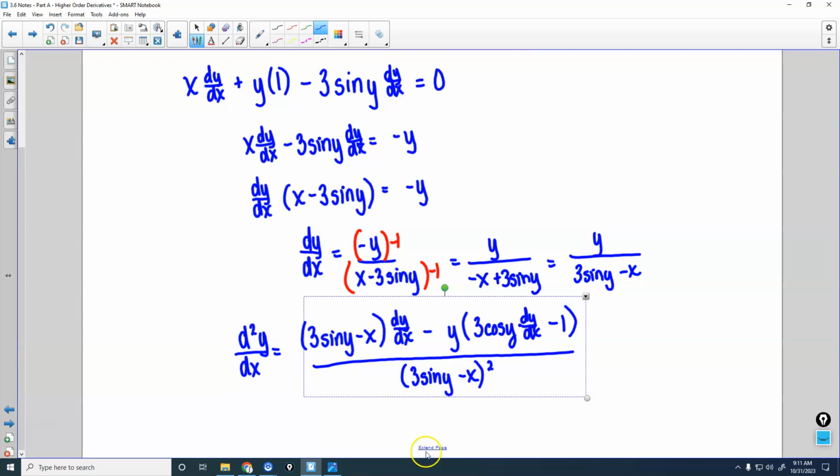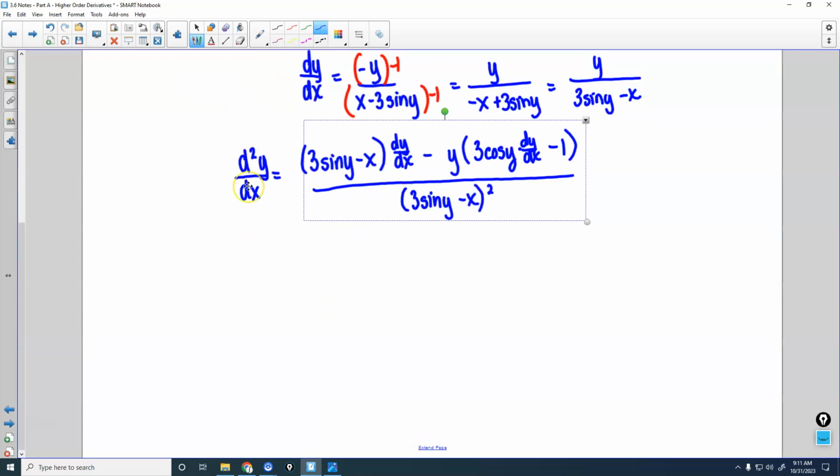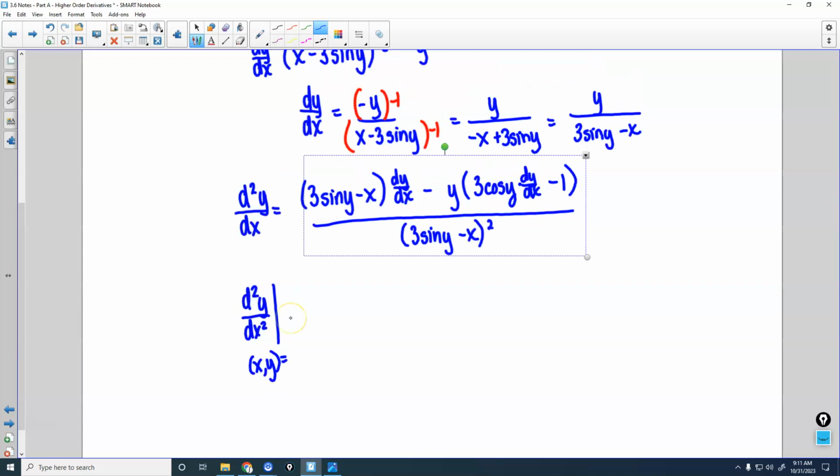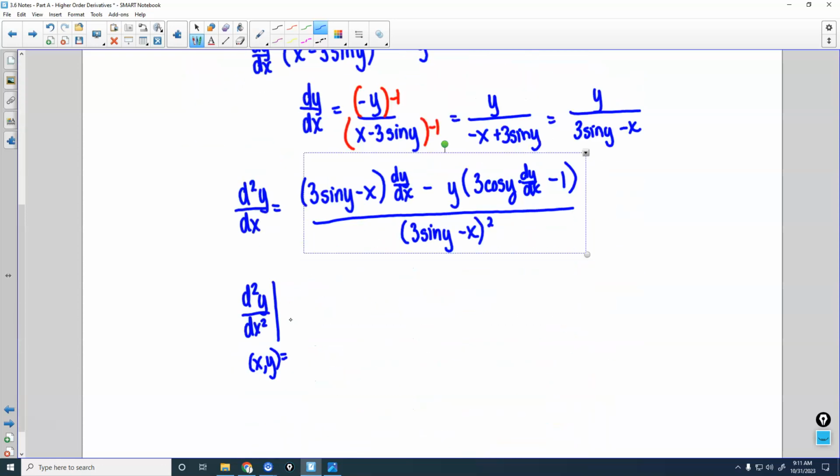Because what's going to happen is whenever you plug in your point, it is going to be like this. So we've got the second derivative at x, y equals, what was it, 3 over pi, pi as our point. All right. So that would look like this.